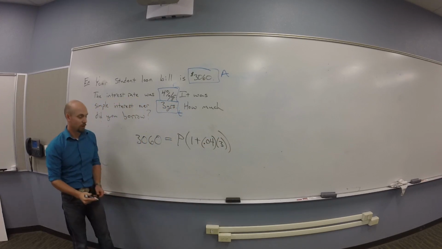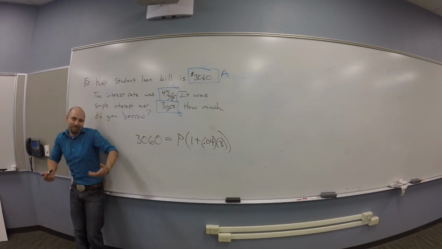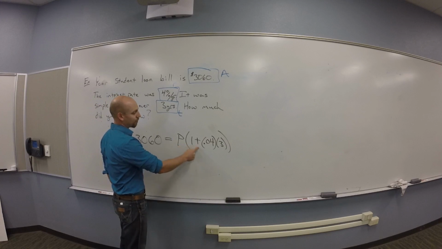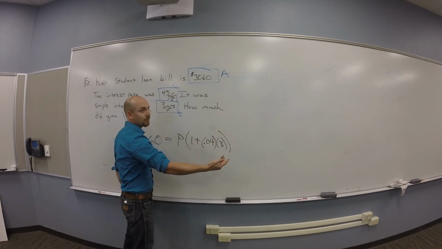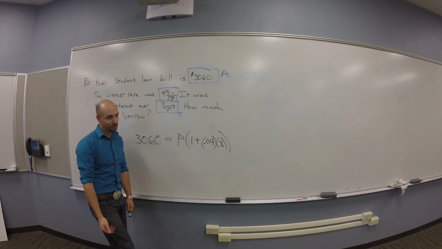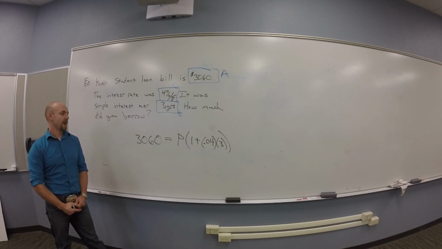I factored P out. You could alternatively write this as P plus this stuff times P. To solve for it, you're going to have to factor P out anyway, so you may as well start that way. Okay, so what do you do now?